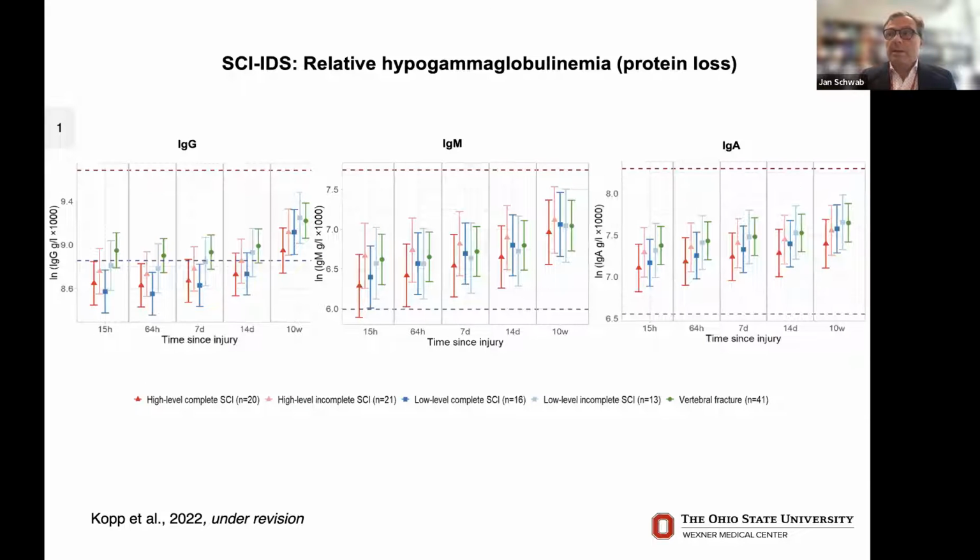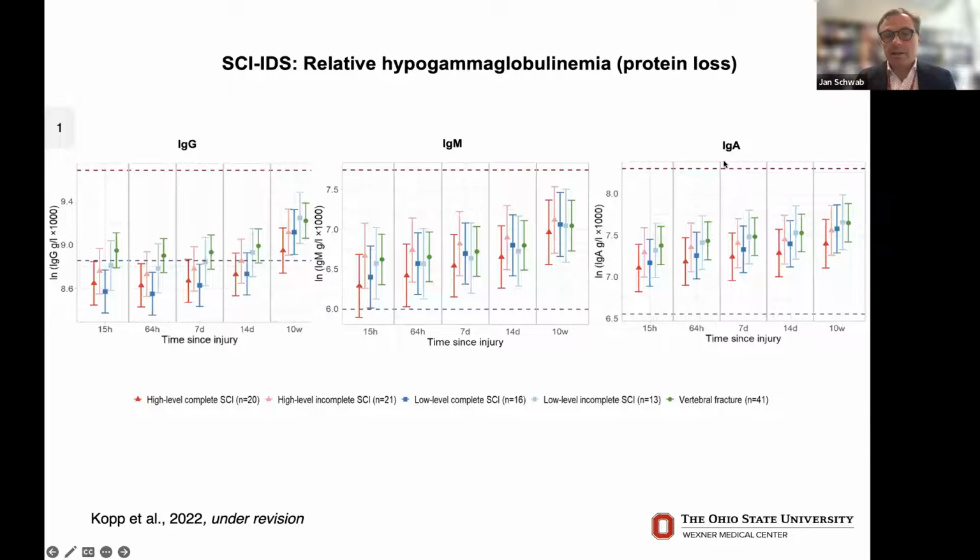We extended the analysis, looking also for secondary parameters, other features associated with impaired immune function, and we detected that over time there's also a relative hypogammaglobulinemia, basically a protein loss, which likely results in urinary secretion of these immunoglobulins, and this is a rather symmetric effect affecting IgG, IgM, and IgA.